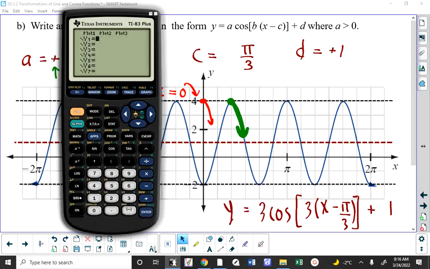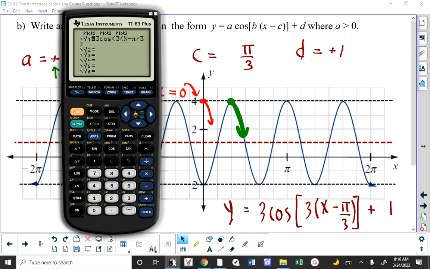I'm going to enter in the function that we created, which is at the bottom of the screen. Y equals 3 cosine of bracket 3 times in bracket x minus pi over 3.